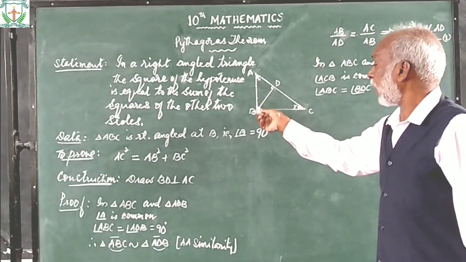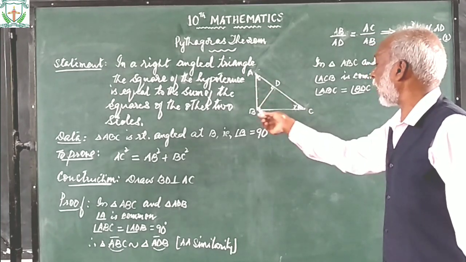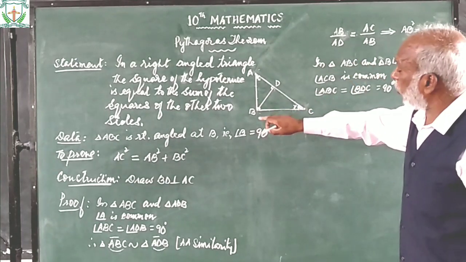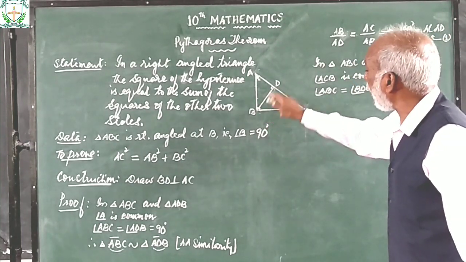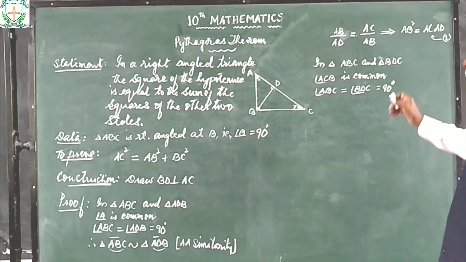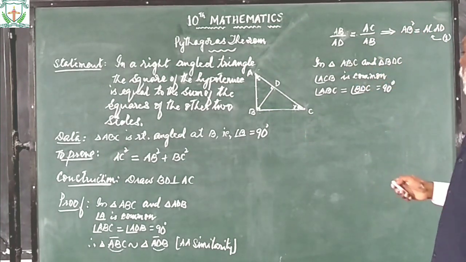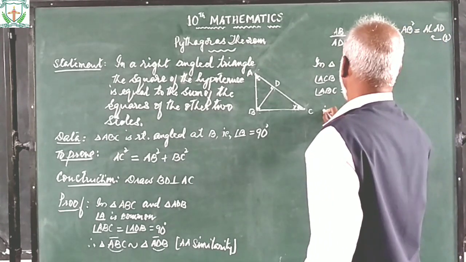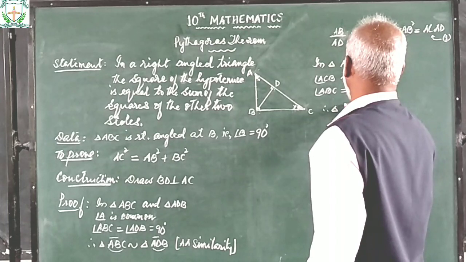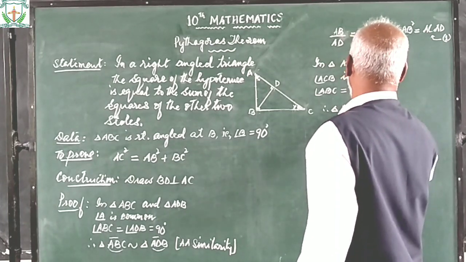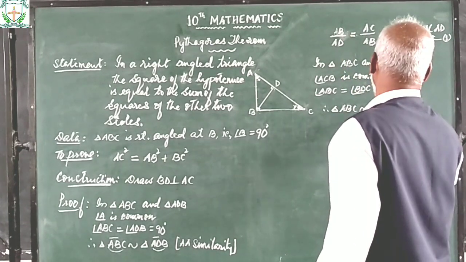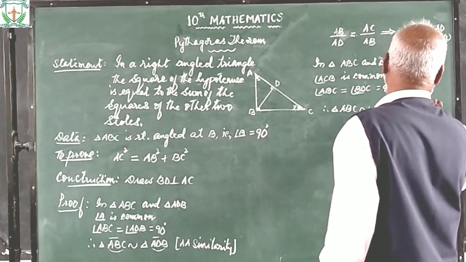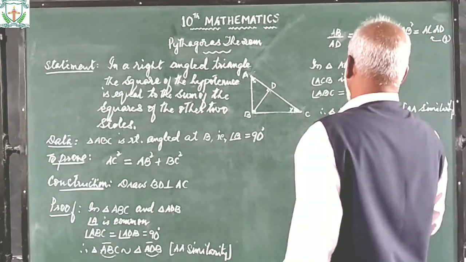This is 90 degrees because it is a right angled triangle. So again, in these two triangles, triangle ABC and triangle BDC, two angles are correspondingly equal. Therefore, triangle ABC is similar to triangle BDC.